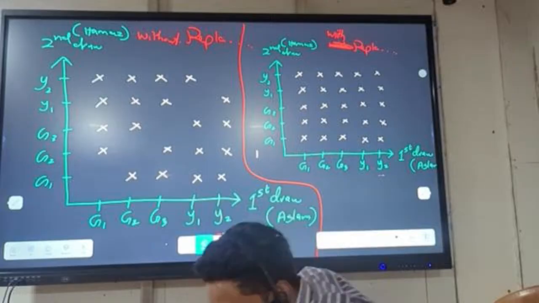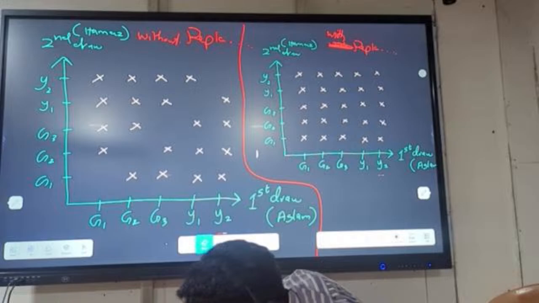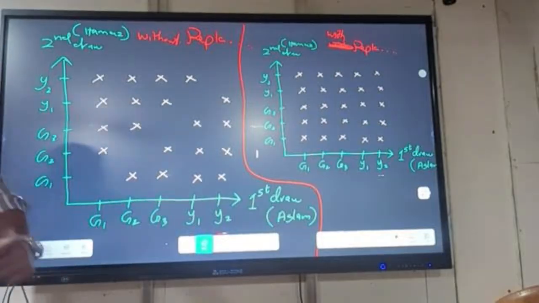Yeah, it's a bit blurred, but we'll try to zoom it. I think that will be the same.